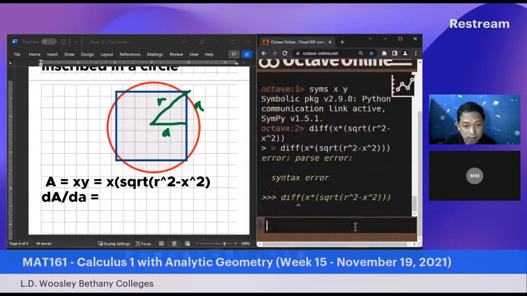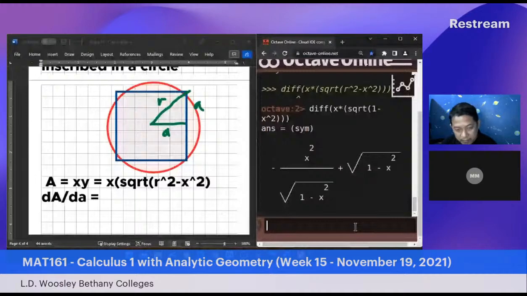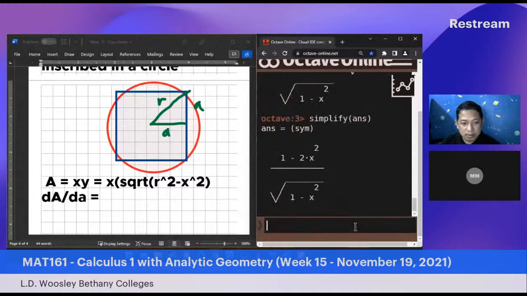Ayun na naman tayo, yung diff. So assuming your r is equal to 1, say r is equal to 1, square root of. Simplify ans. Yan, napakaganda ng sinabi niya.